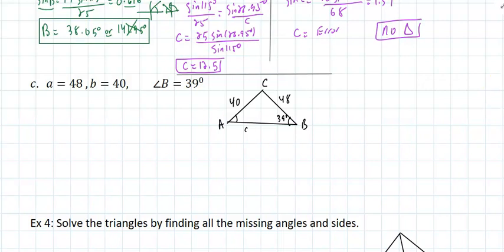First things first, I can use the sine of 39 degrees to 40 equal to the sine of A to 48, which means the sine of A equals 48 times the sine of 39 degrees divided by 40.